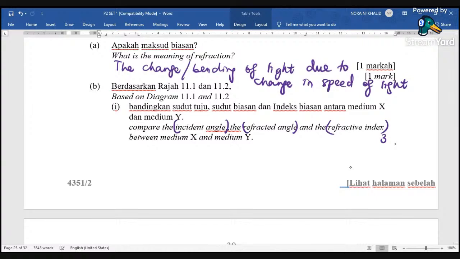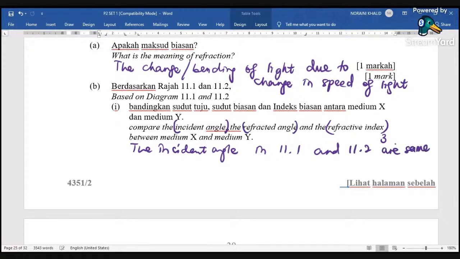So first, you can write down the incident angle in 11.1 and 11.2 are equal or the same. Okay, and then the refracted angle.